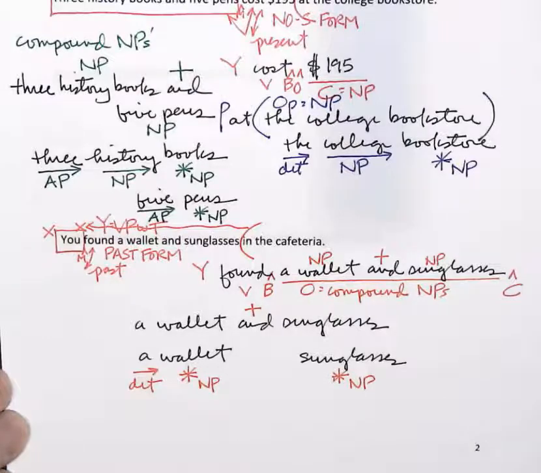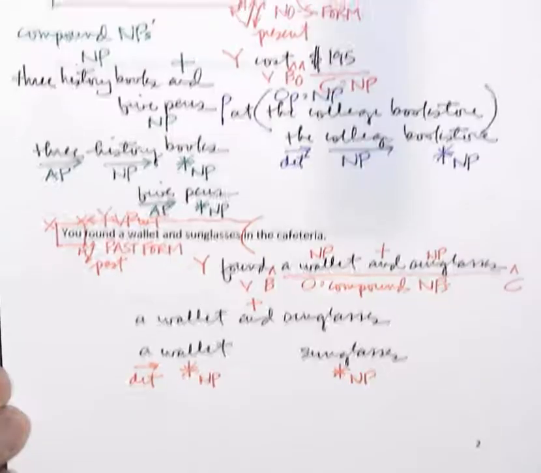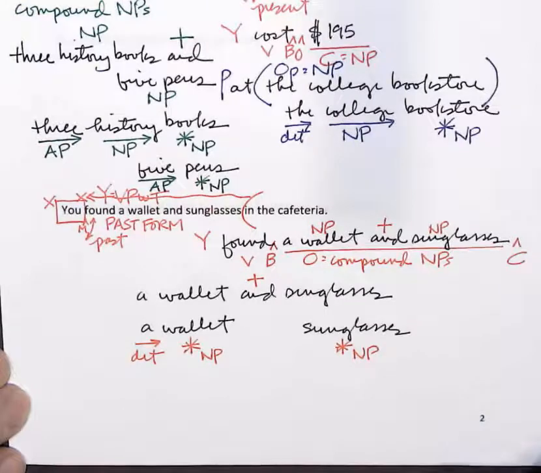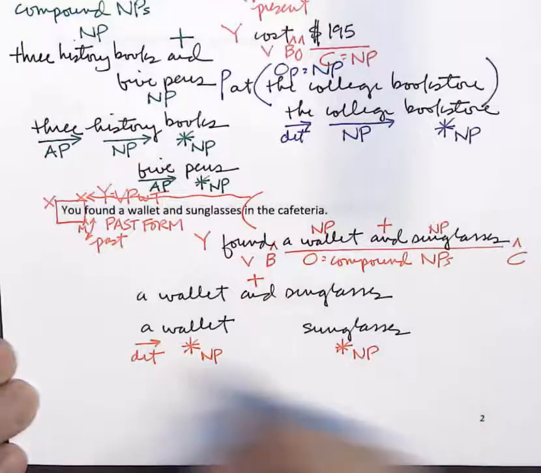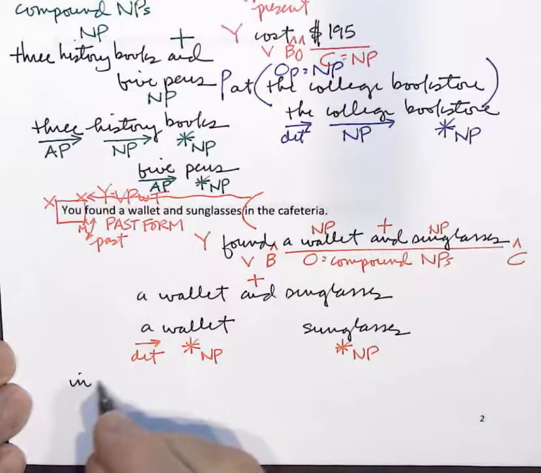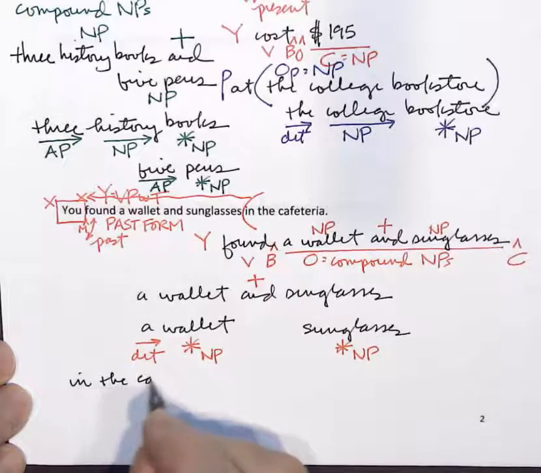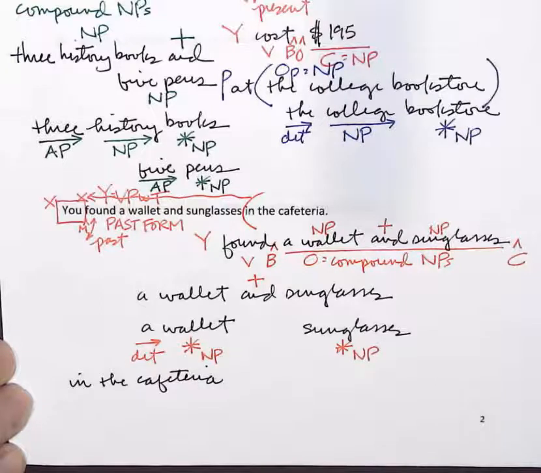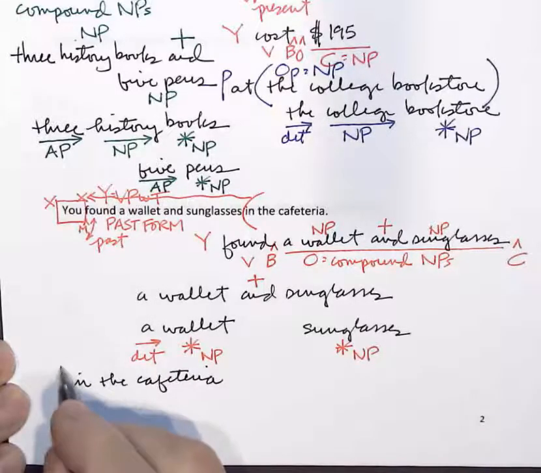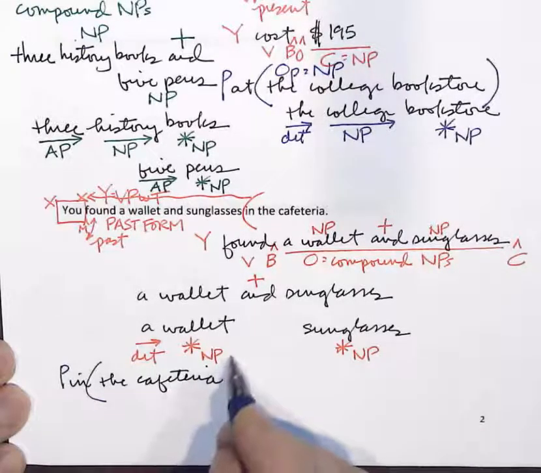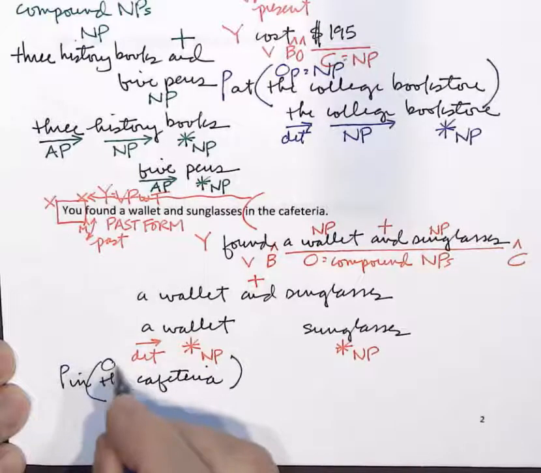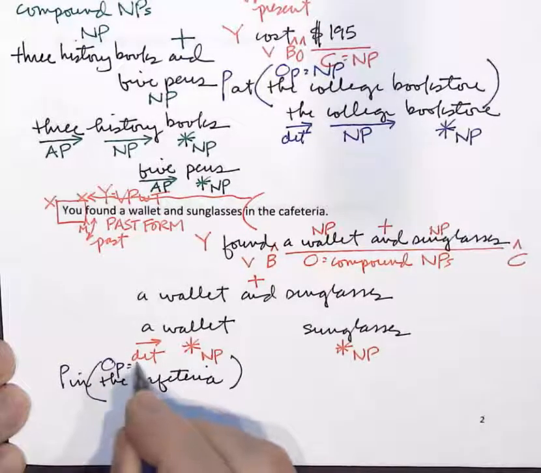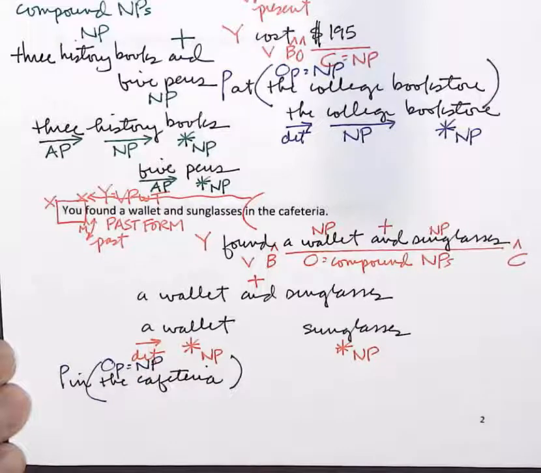In the cafeteria, just to be consistent, let's finish this one too. And in the cafeteria is a prepositional phrase. And so we can mark that like this. P for the preposition in. The object of the preposition in is a noun phrase.